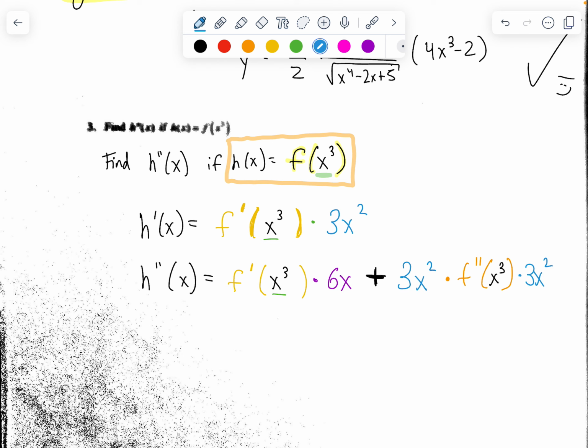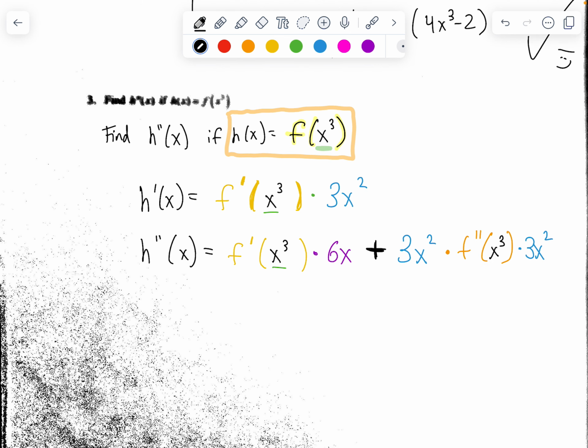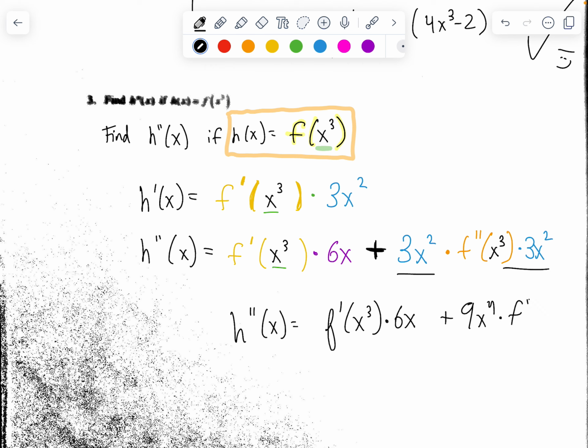Beautiful. That's absolutely fantastic. And to simplify our answer, we have f prime of x to the third times 6x plus 9x to the fourth times f double prime of x to the third.